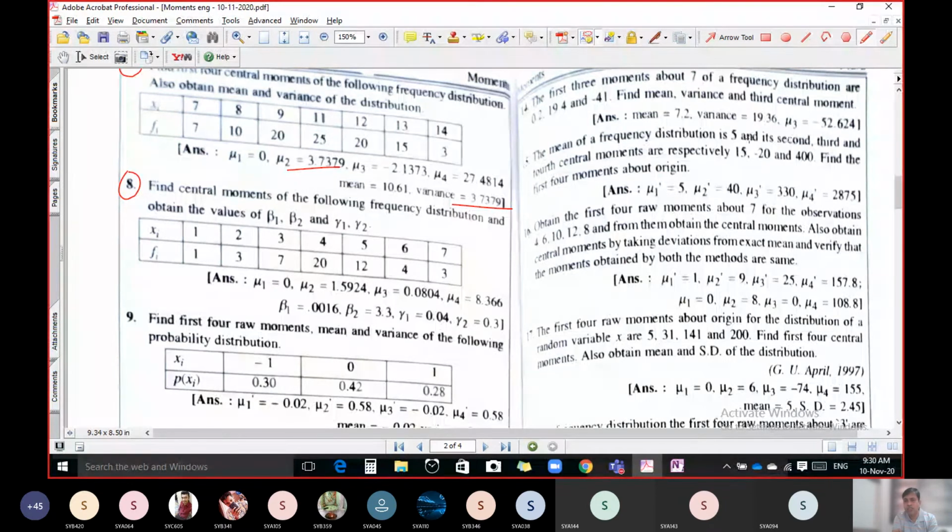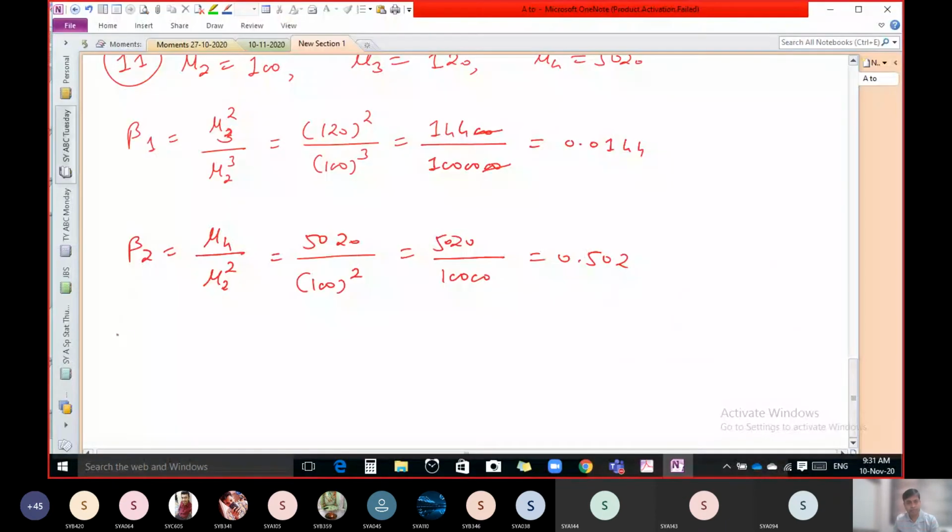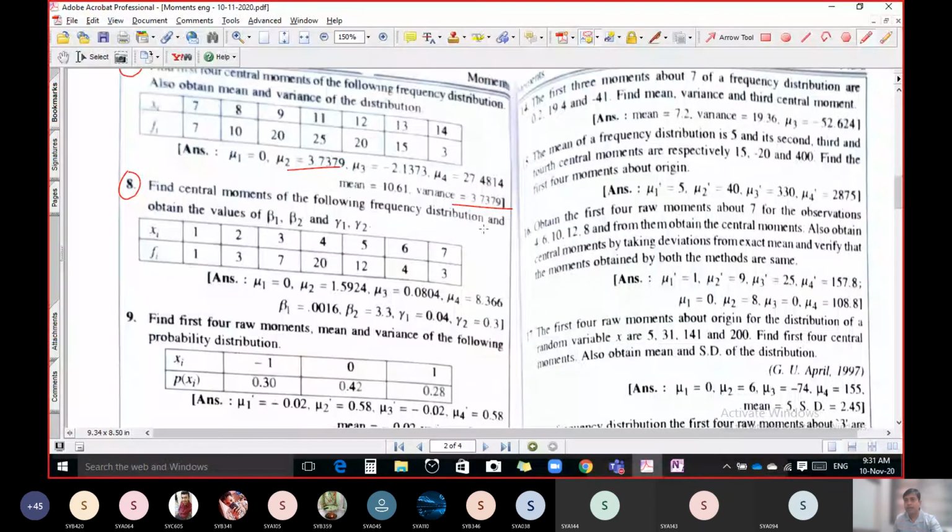And now the last question, this 15, is different from all the previous ones. See the question carefully. The mean of the frequency distribution is 5. Question number 15, mean is 5. Then the second, third and fourth central moments are given.